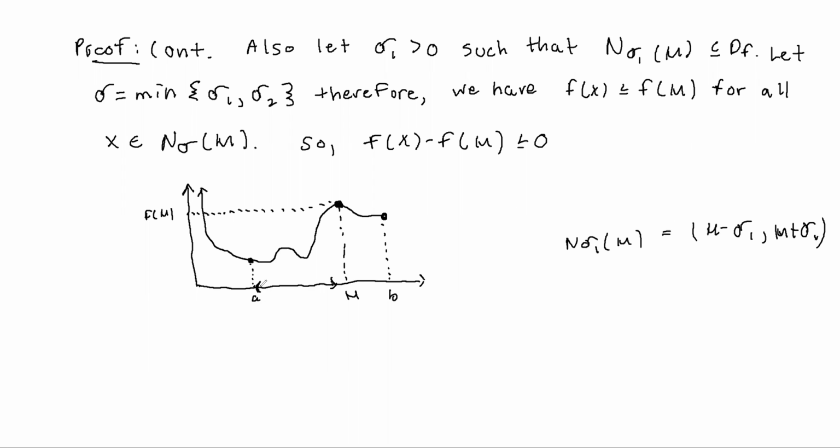If this is the left endpoint, the right endpoint would be about right here. We can see the problem that the function is not defined over here. From here to here, we have elements that don't exist in our function. To account for that, I'm going to pick another delta, delta sub 2, which goes from here to here.